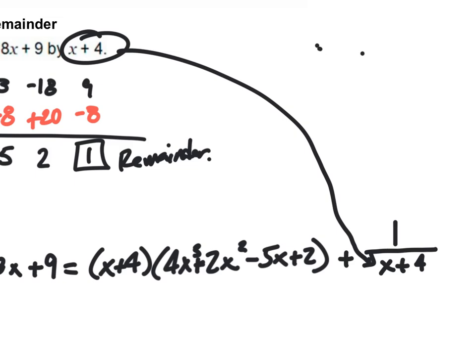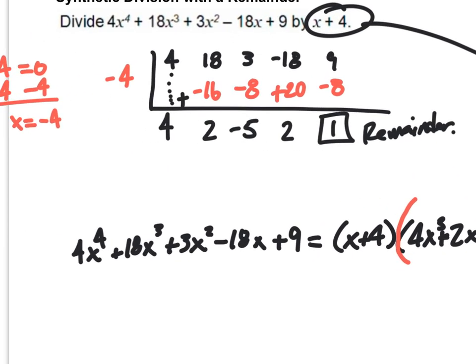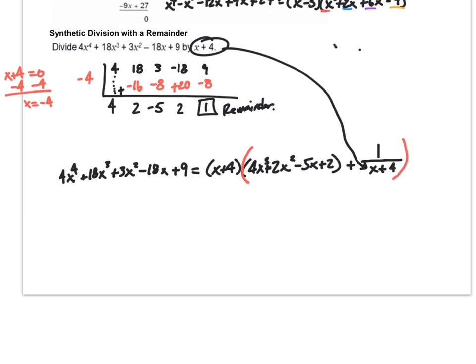So when you have a remainder, that's what we have to do. And this whole thing is being multiplied by x plus 4 here, and that's what's going to give us our polynomial here. So, there's that. Let's go on to the next page.